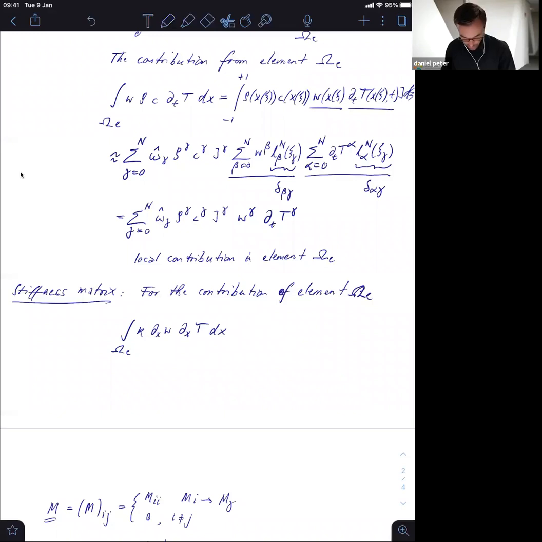Probably need more space on the other side, which we're going to evaluate in the reference element. It goes from -1 to +1.